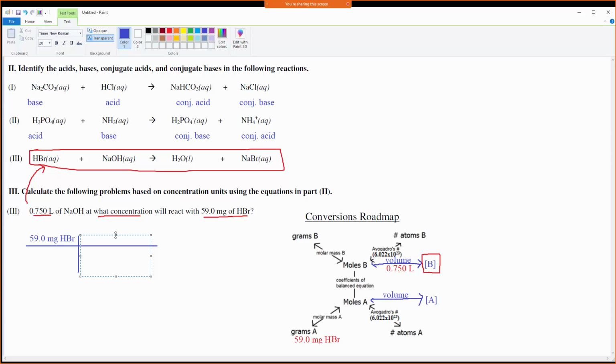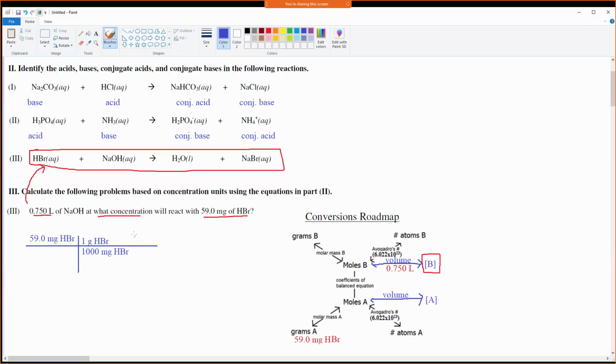Oh, excellent. But you're a step ahead of me, because here I've got milligrams instead of grams. So we have to take that extra step and say that 1 gram of HBr has 1,000 milligrams. Really, that's true of anything, but since we're working with HBr, we should include those identity units.